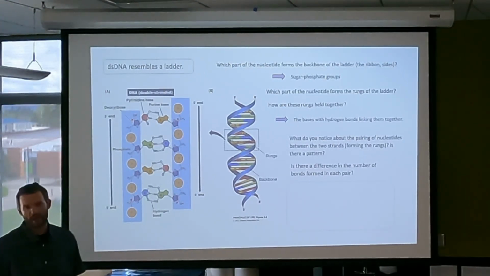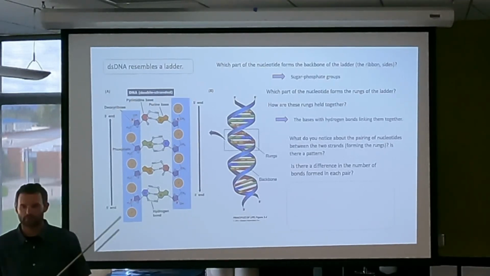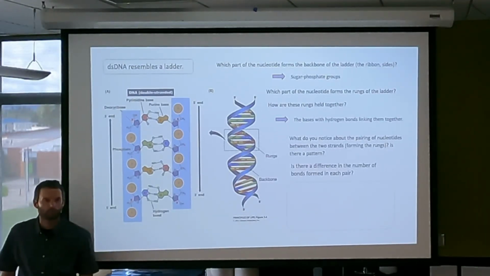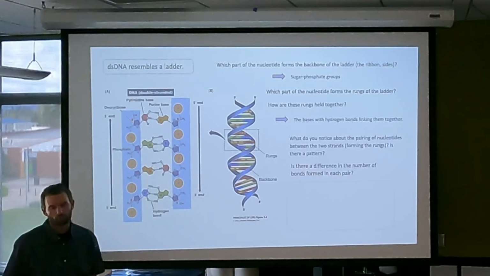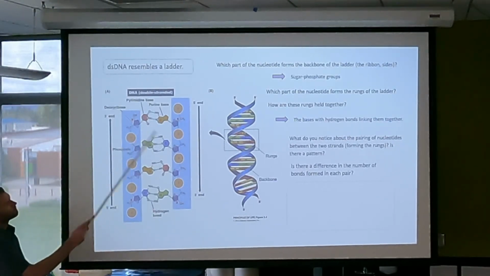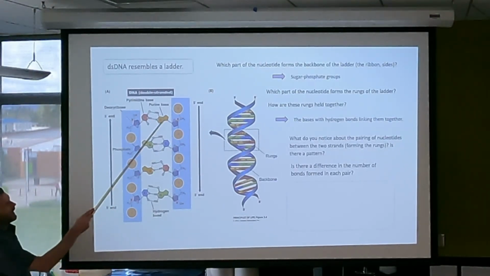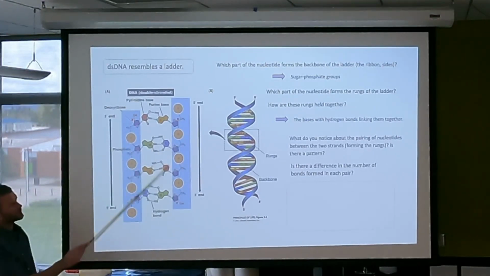What do you see as a pattern between the rungs of the ladder, the bases that are binding together? Adenine and thymine always connect, and the cytosine and guanine. Adenine always pairs with thymine, and guanine always pairs with cytosine.